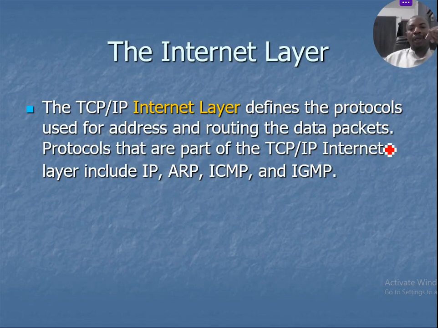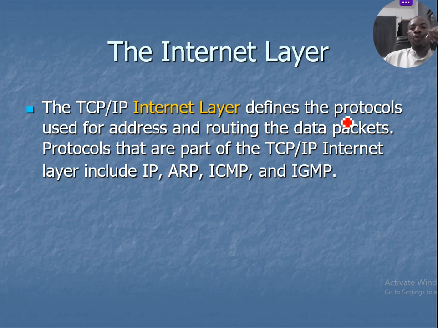Now let's go to another layer called the internet layer. We finished the transport layer, and we're coming down to the internet layer. After the internet layer, we go to the network interface layer. The internet layer in the TCP/IP model defines the protocols used for addressing and routing the data packet.